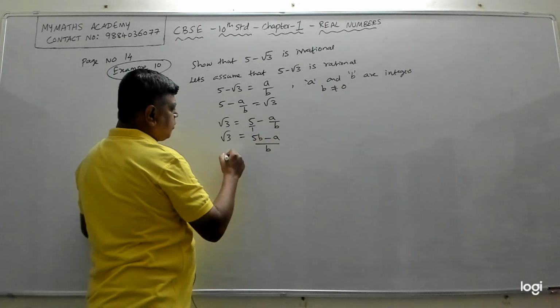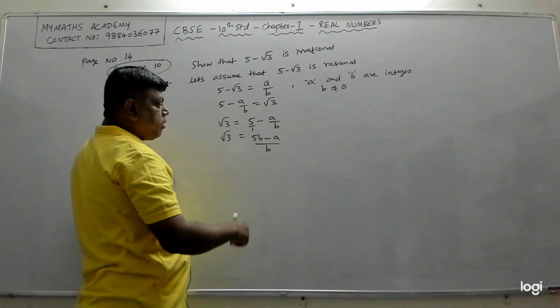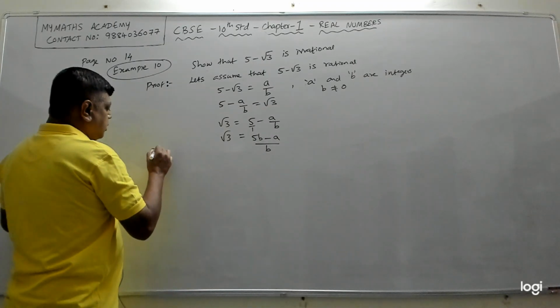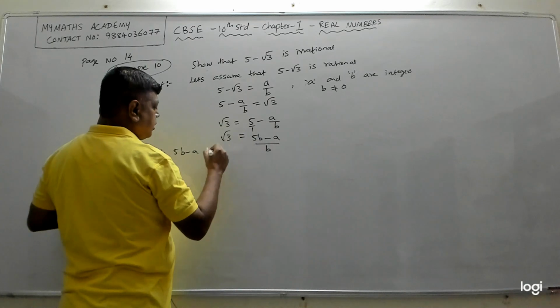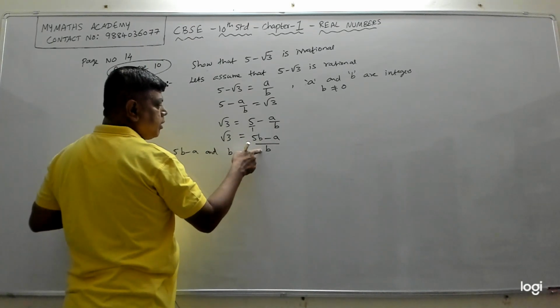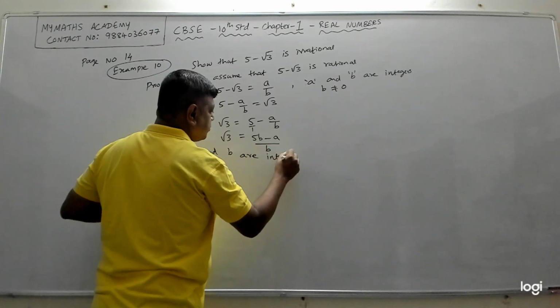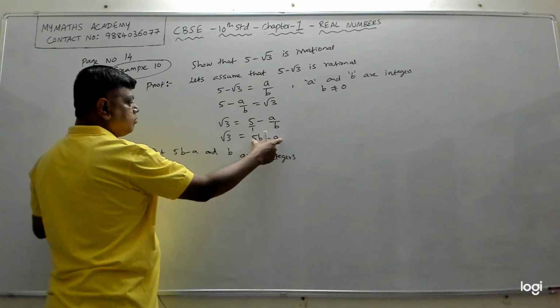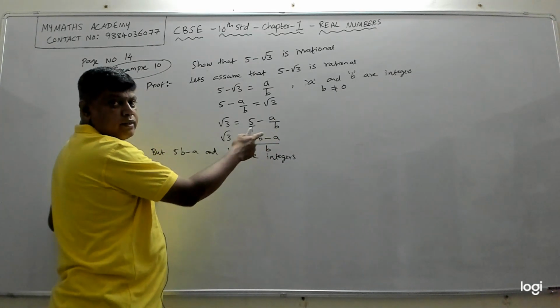So what we have got? We have got root 3 as 5b minus a by b. But 5b minus a, the numerator, and b, the denominator, are integers. 5b minus a is an integer, because a is an integer and b is an integer.